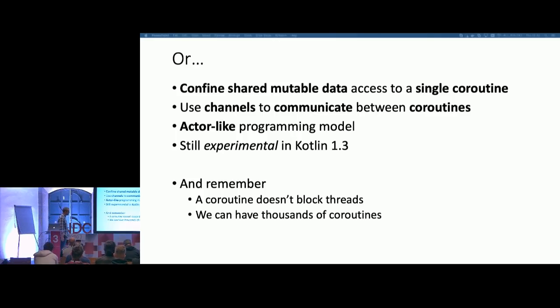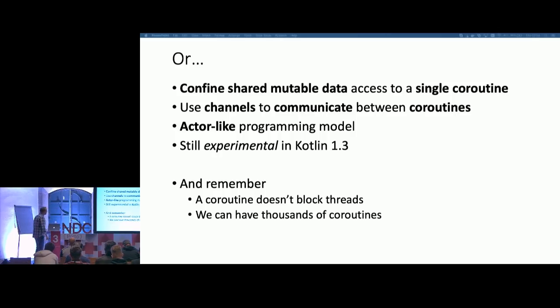One important thing to bear in mind is that a coroutine should not block threads, and we can have thousands of coroutines. So having, for instance, a coroutine handling a cache is not the same thing as having a thread handling the cache, because a thread is costly, a coroutine isn't.